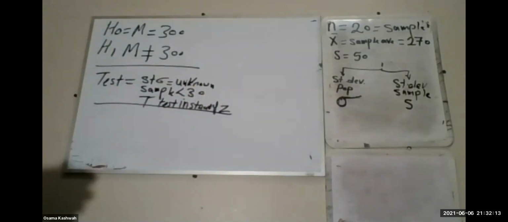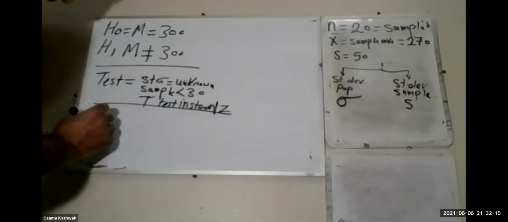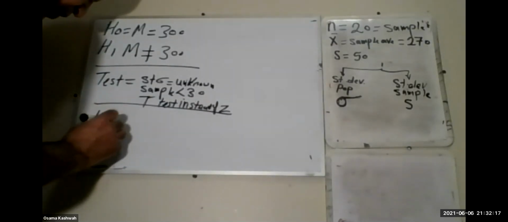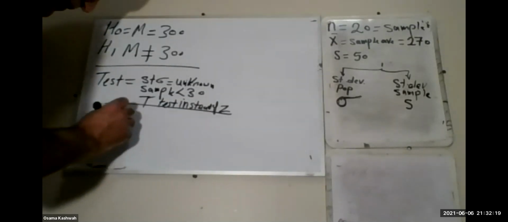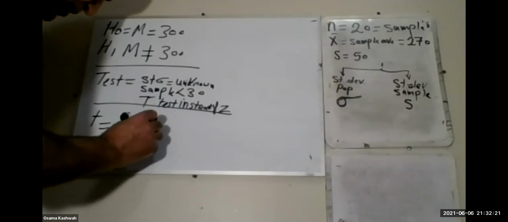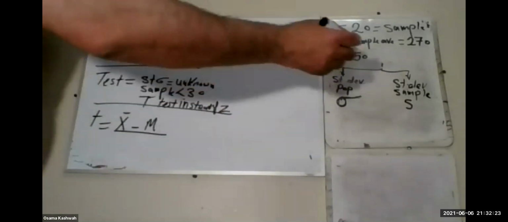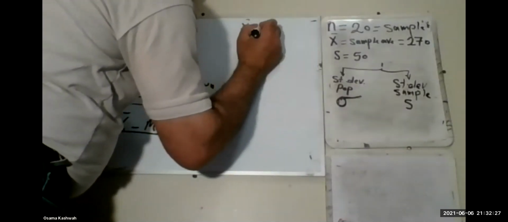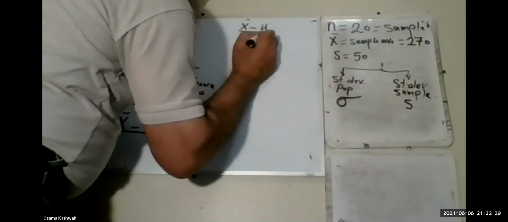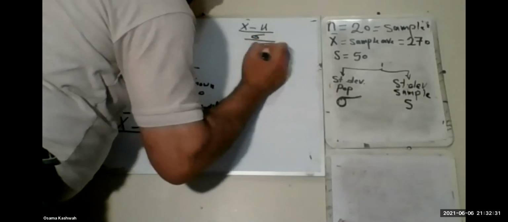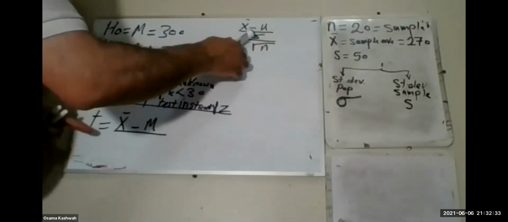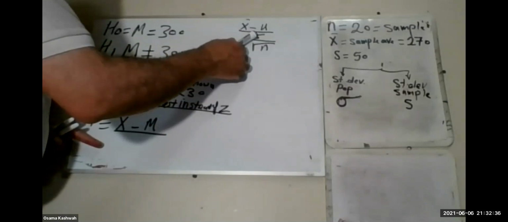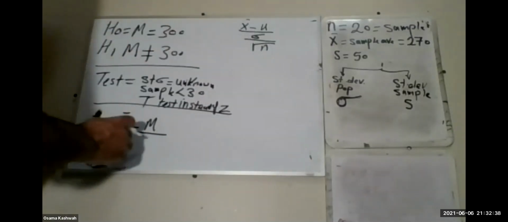How do we use the T test? The same way. We say T equals X bar minus mu divided by sigma divided by the root of n, as in the previous one. But we don't have sigma of the population here; we have sigma of the sample.